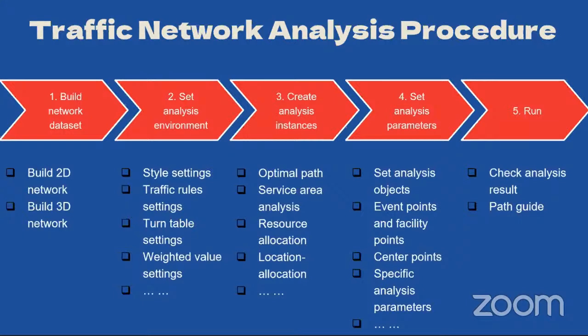Lastly, after we have built the network dataset, set the environment, created the analysis instance, and set the parameters, we will perform the analysis and check the analysis results and the path guide.